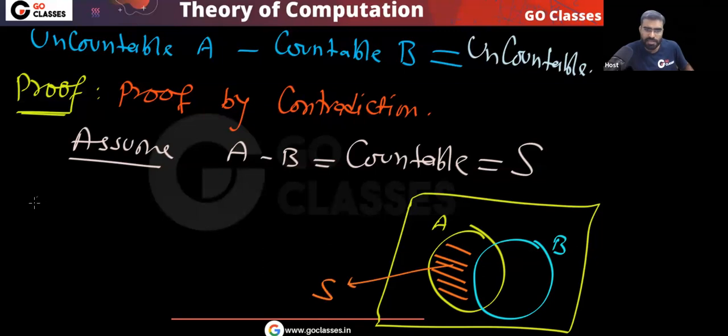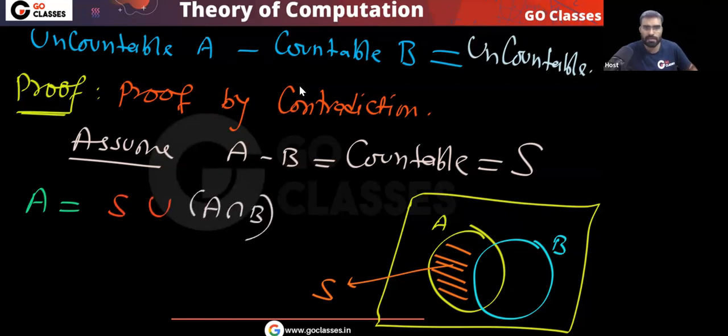Now tell me, what can I say about A? A will be equal to what? This area is S. So A will be equal to S union A intersection B. Agree or not?